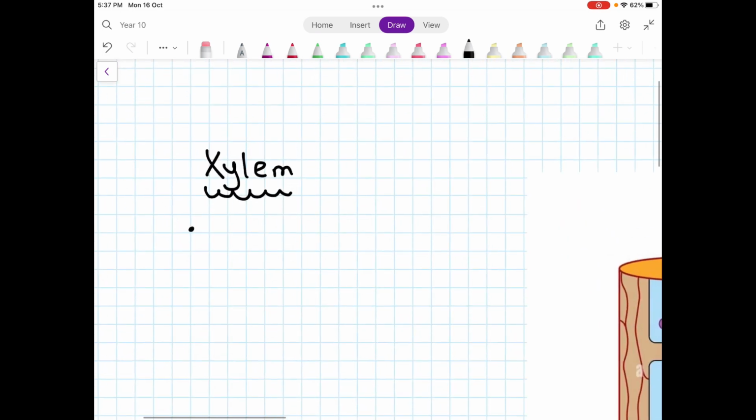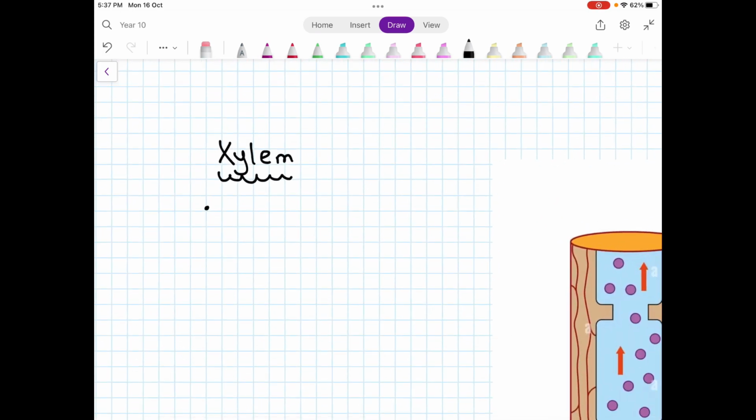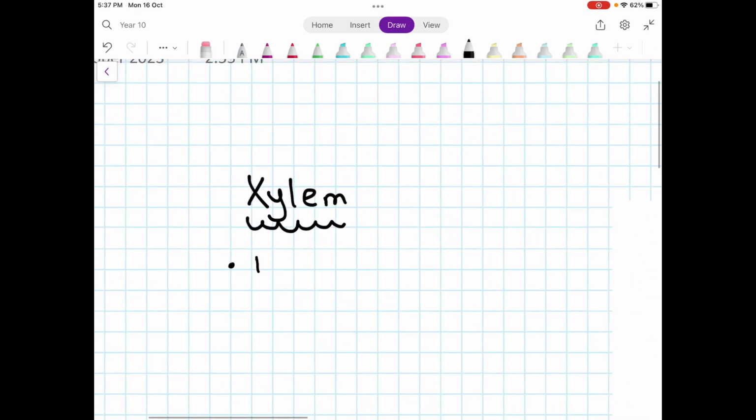Now, the xylem is one vascular bundle which helps transport water and mineral ions. So water and mineral ions are transported.